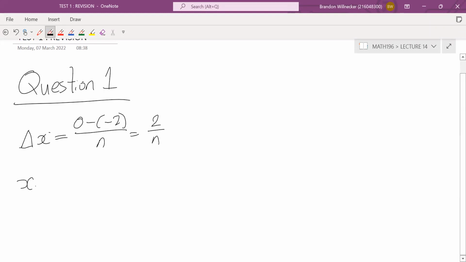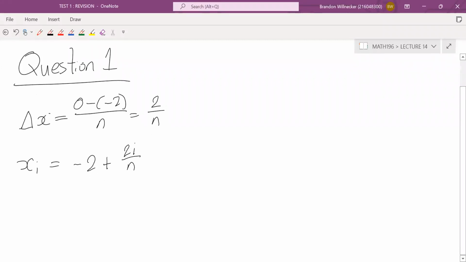Once we've found that, we can find xr. That's going to be a plus r delta x, so in this case it will be minus 2 plus 2i over n. The last thing we need to do is f of xr. That's going to be xr cubed minus 4xr.